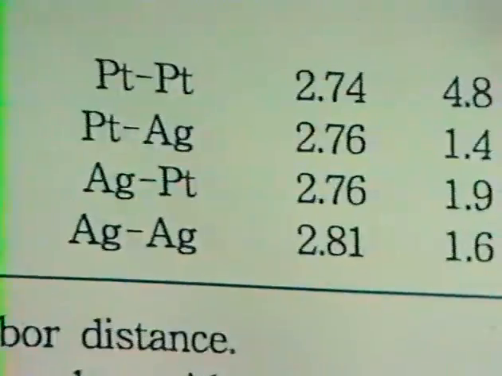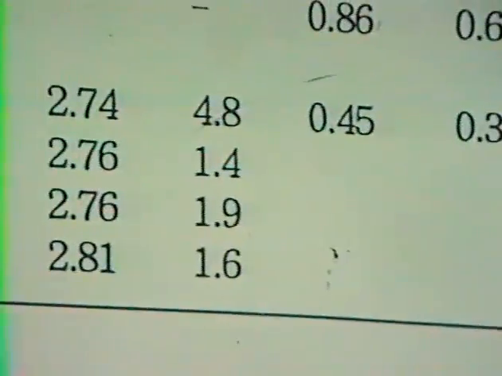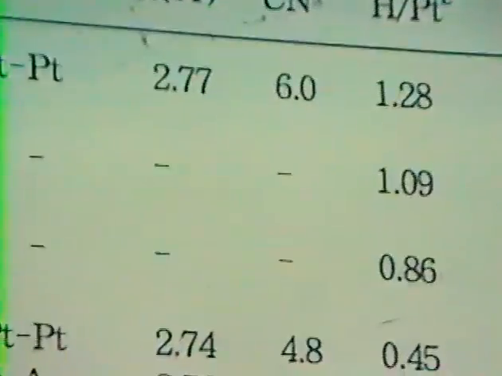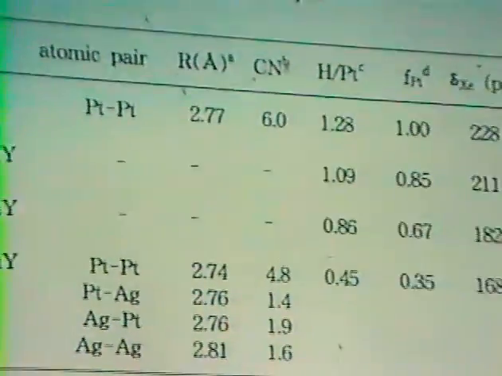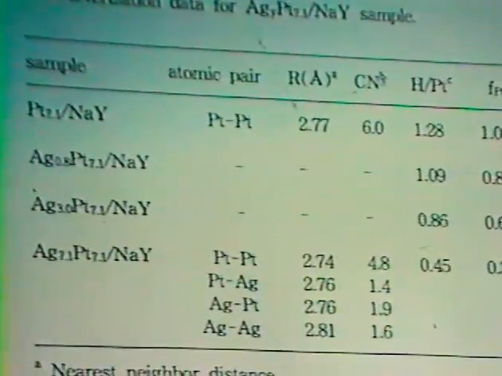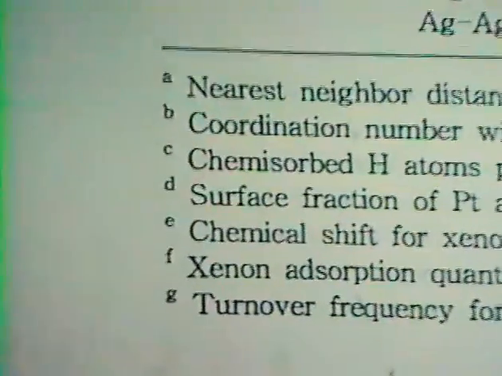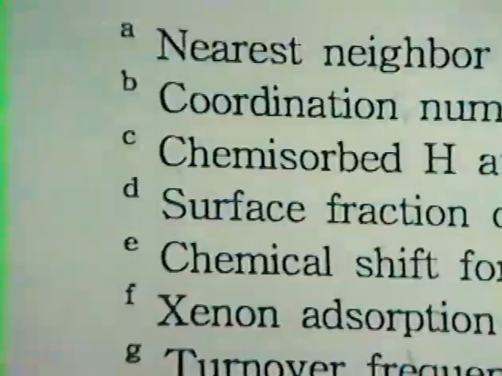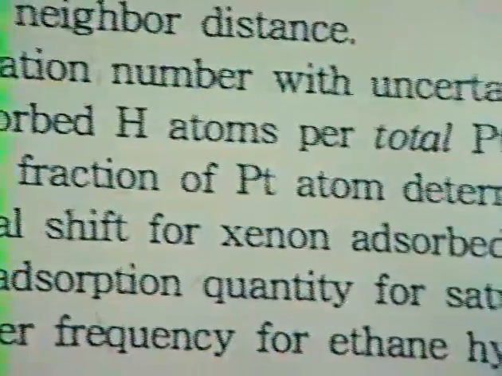We obtained the xenon NMR chemical shift, which also decreases against the silver loading. And xenon to platinum ratio increases here a little bit because the size is increased. And the turnover frequency for ethane hydrogenolysis decreased because of the silver coverage on the platinum cluster.